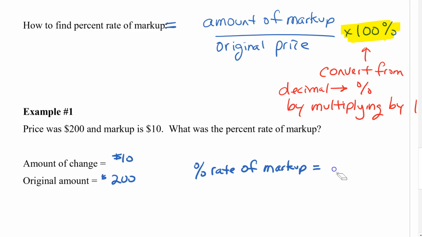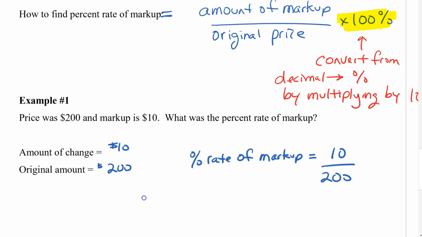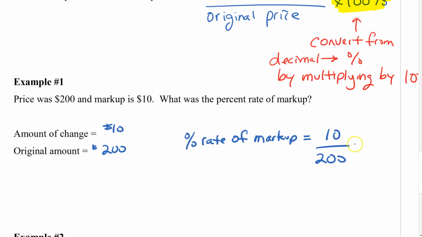Actually, you know what? Instead of writing out all these words again, here it says up here, the amount of markup divided by the original price. So the amount of markup is how much we increased it by. It's $10. Divided by the original amount is 200. So if you type 10 divided by 200 on your calculator, we're going to get 0.05.